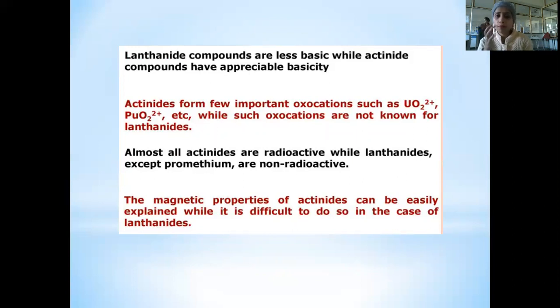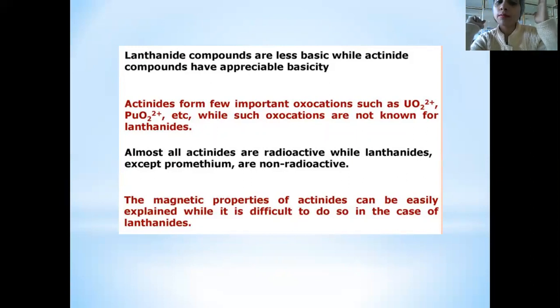Then actinides form a few important oxocations like UO2 2+ and PuO2 2+, while such oxocations are not known for lanthanides. Almost all actinides are radioactive, while lanthanides, except for promethium, are non-radioactive.